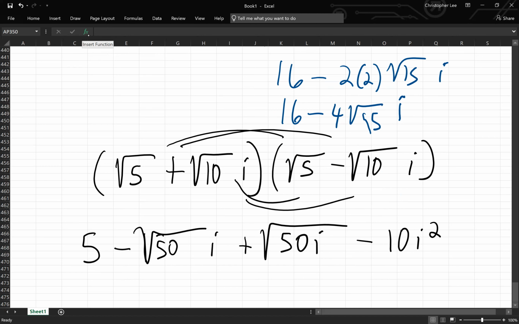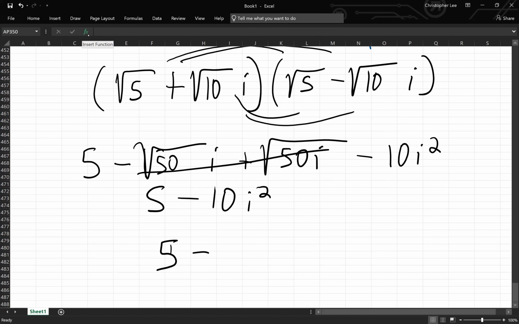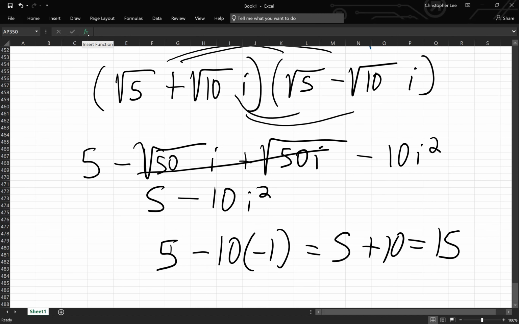Then we know that these will cancel out over here. So this becomes 5 minus 10i squared, which becomes 5 minus 10 times negative 1, which becomes 5 plus 10, 15. A is 15, B is 0.